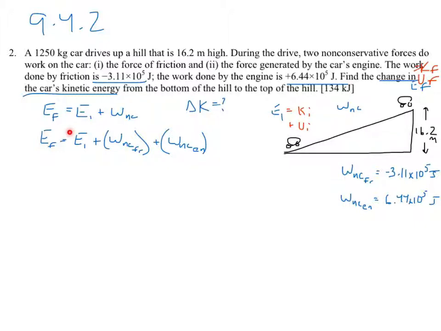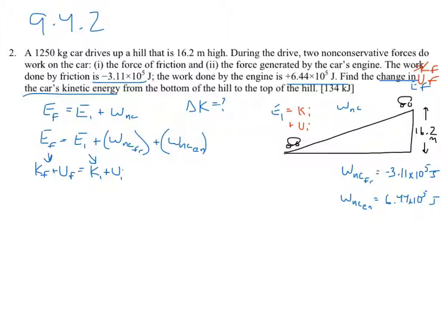Like we said before, at the end, how can we state the mechanical energy total? Well, that's kinetic final plus potential final, right? And the mechanical energy initial is kinetic initial plus potential initial, right?